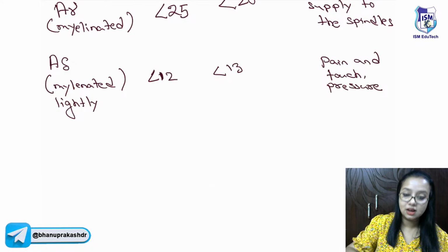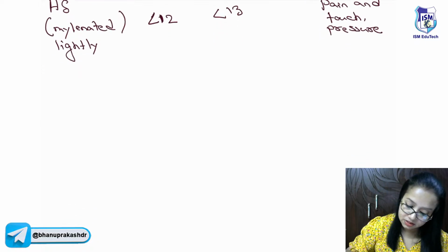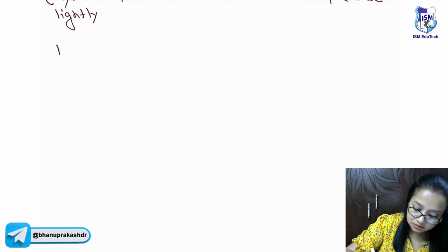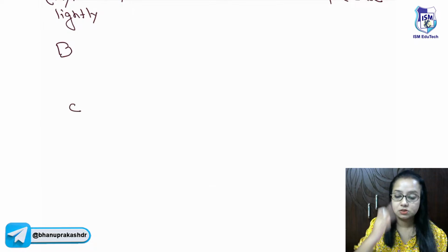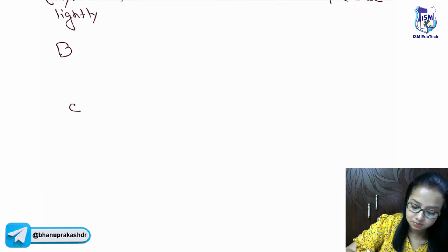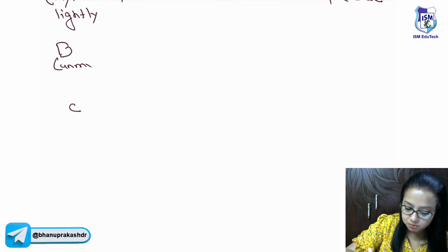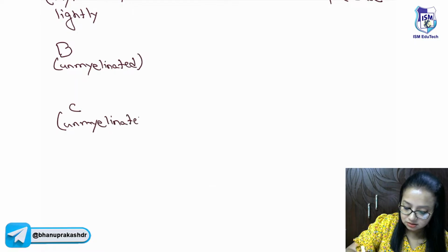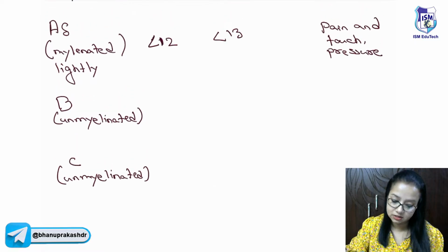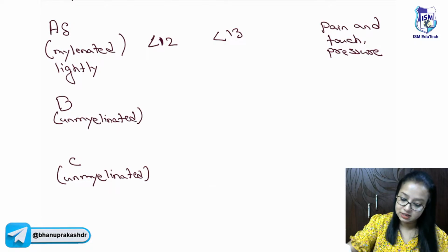Okay, these are the alpha type of nerve fiber. Then comes the B type of nerve fiber and C type of nerve fiber. Both are unmyelinated. So obviously if it is unmyelinated, the diameter is also less.